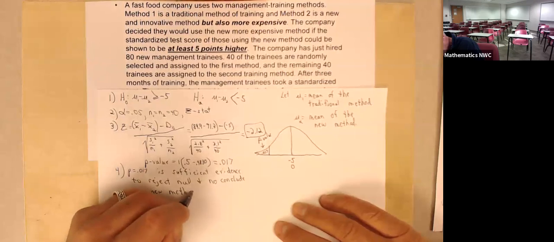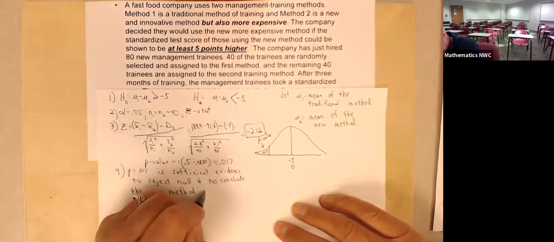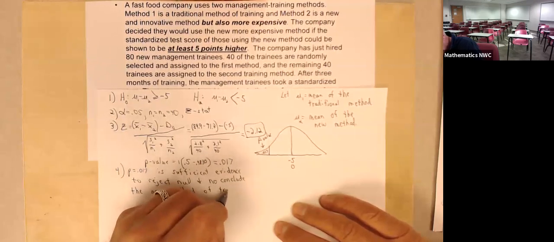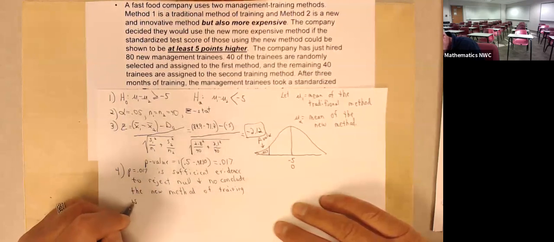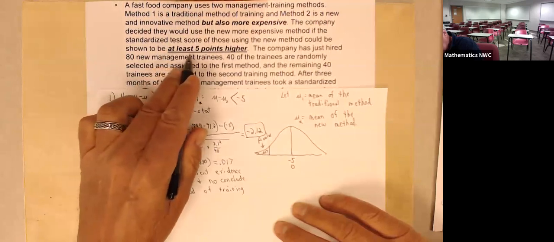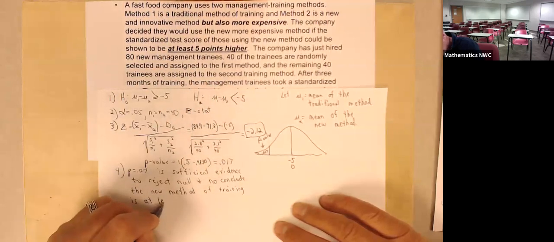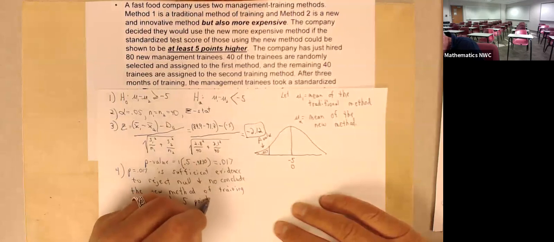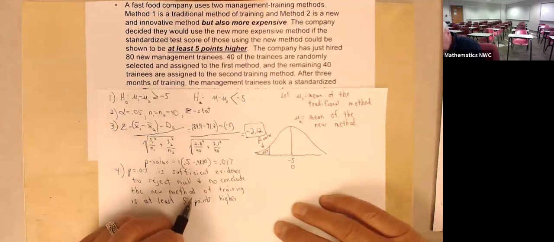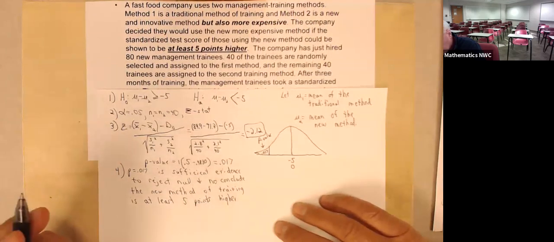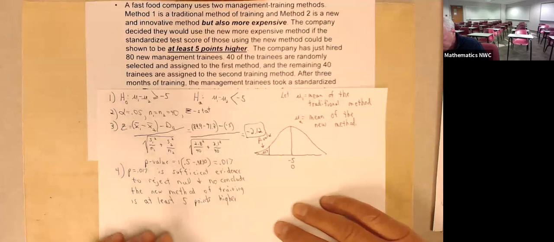I'm trying to put it in context now. The new method of training is at least 5 points higher. That would be the mean is 5 points higher, okay?